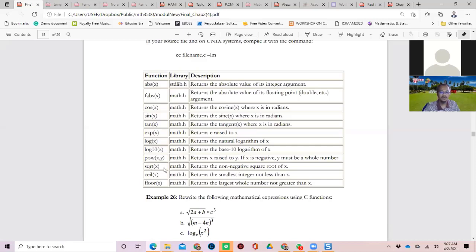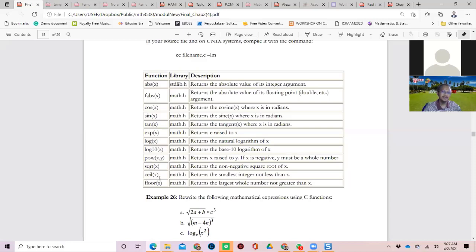And then square root of x: square root 4 is 2, square root 16 is 4. This is sqrt. You need to follow it exactly like this. You cannot write sqr. You need exactly sqrt in C. So you cannot imagine your own function. You have to follow C like this.